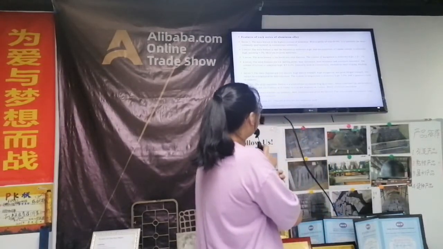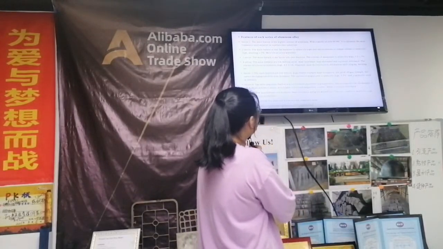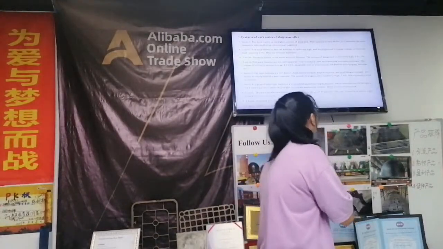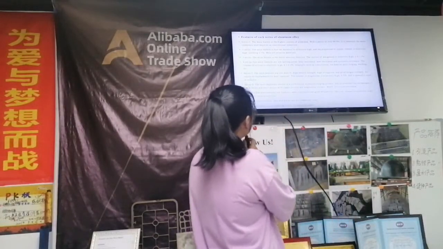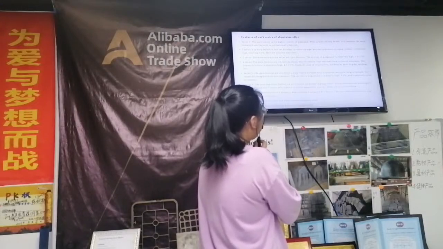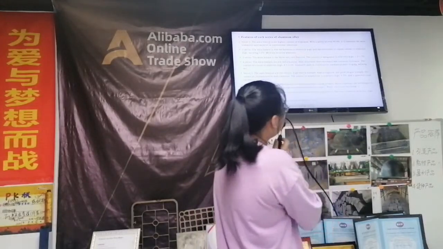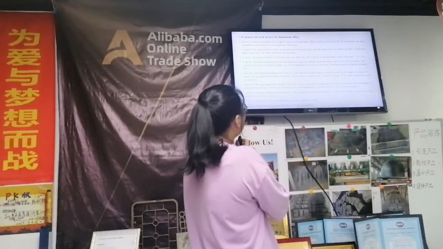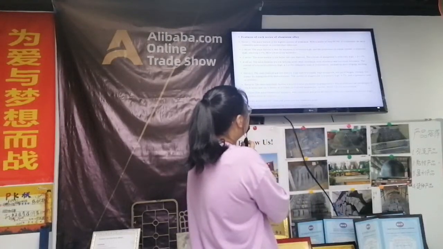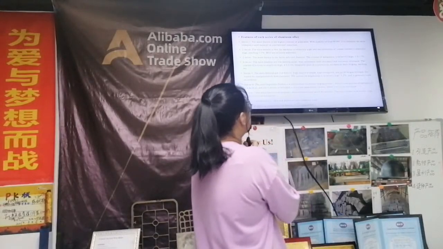Next, feature of each series for aluminum alloy. One series: the main feature is the highest content of aluminum, over 99.0%. It is the most commonly used material in conventional industries.